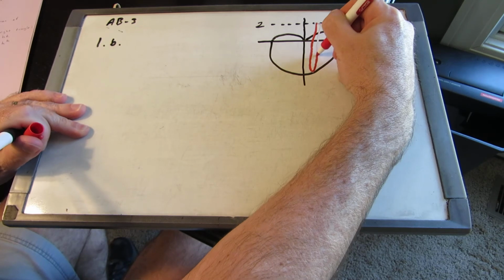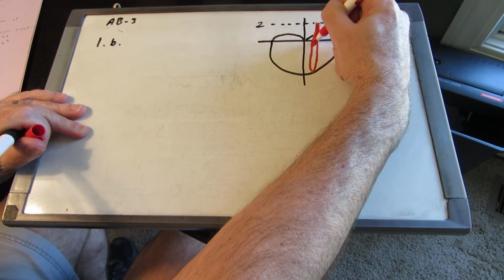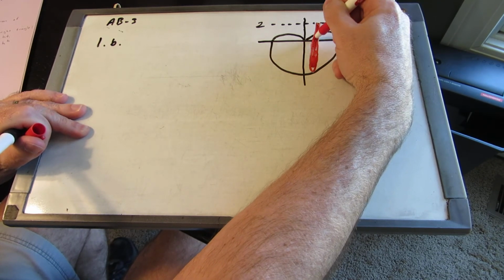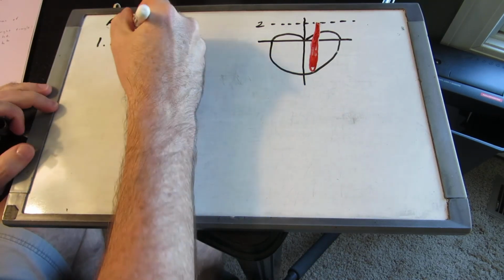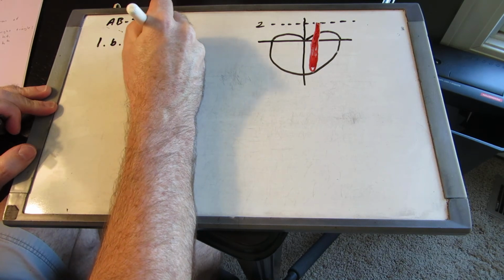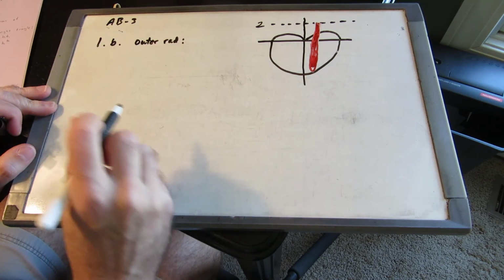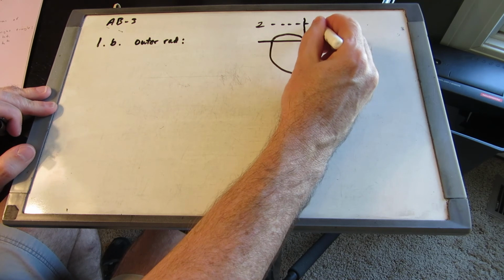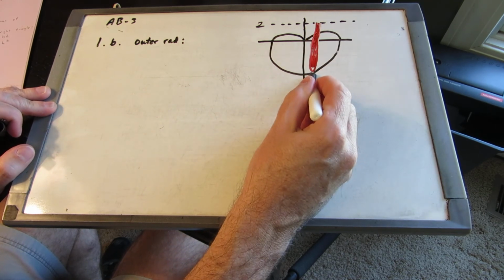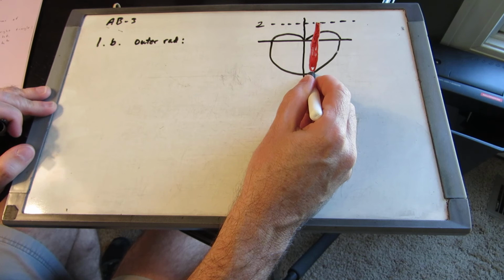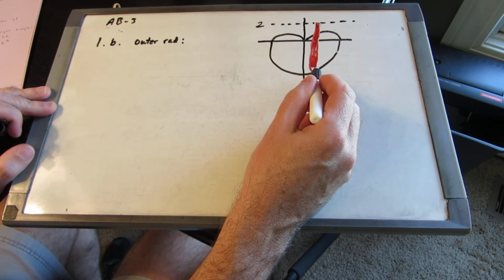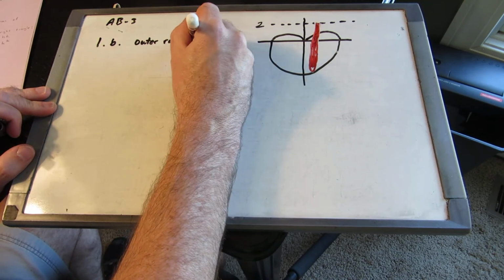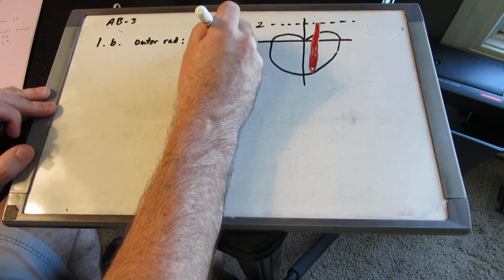Okay, so the outer radius is going to be the distance from 2 to g of x. So it's going to be 2 minus g of x.